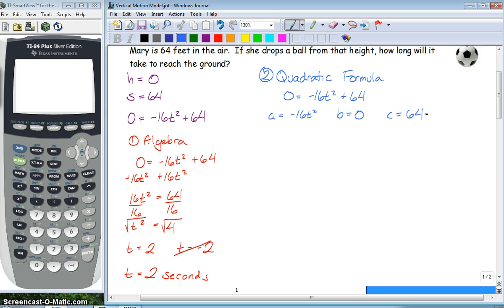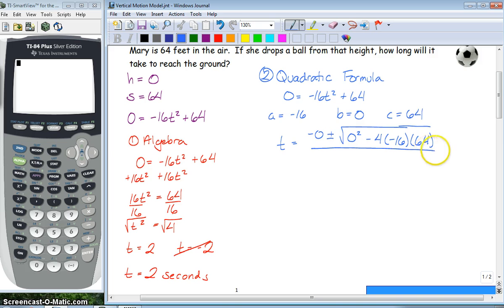So then I'm going to plug it into the equation. T equals negative b plus or minus the square root of b squared minus 4 times a times c. And I just noticed that I wrote this down. Please don't write the t squared. A, I'm just looking for the coefficient in front, so I just want negative 16.